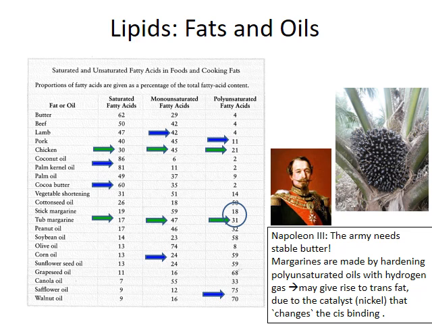For example, if we look at beef, you see that about 50% is saturated fatty acid and 42% is monounsaturated fatty acid. When you look at pork, you see that 40% is saturated and 45% is monounsaturated, and some 10 to 11% is polyunsaturated.